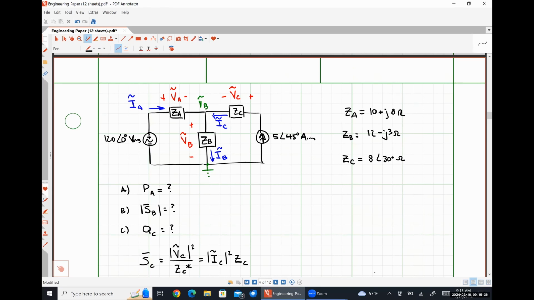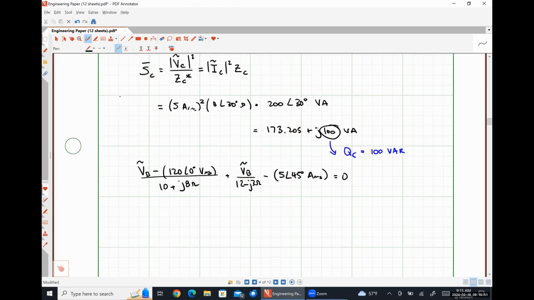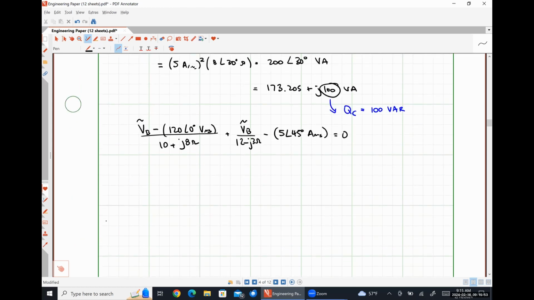And because I know the current that's flowing through ZC, I'm not going to bother figuring out the voltage and then dividing by the impedance to get the current because I've already got it, right? So just simple application of Kirchhoff's current law. So from here, I can rearrange things.